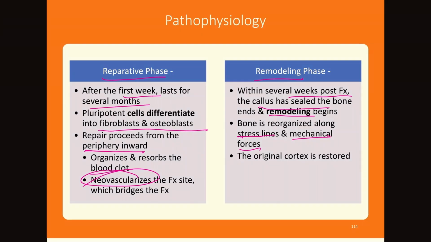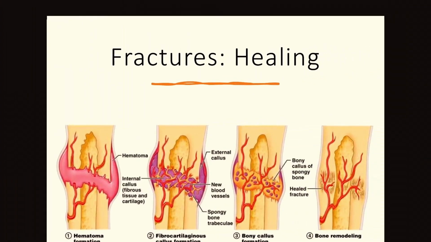If you want to prevent a really nice scar formation, if you do your scalpel cut with the cleavage lines of the skin, when you put them together, you won't have any issues. If you go zigzag, then you're putting them together in weird spots and it doesn't line up. And the original cortex of the bone is restored. So now we've healed the fracture and back to normal use.